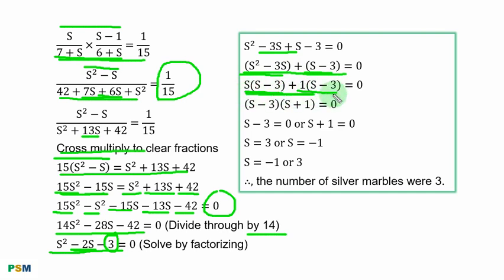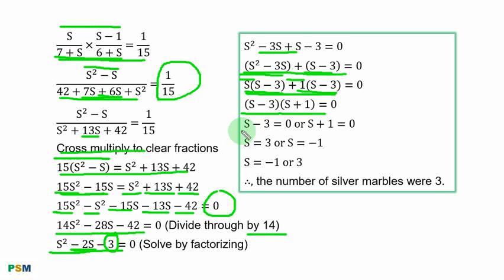From this step, s minus 3 is common. If you factor it out again, you have s from here plus 1 from here, which will form the other factor.